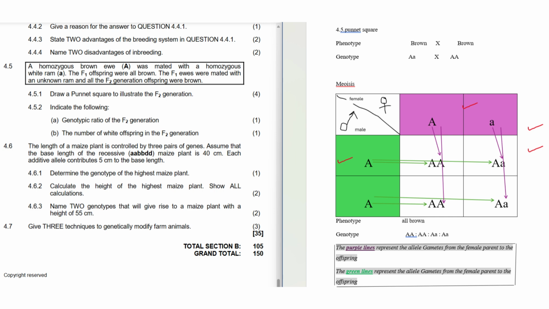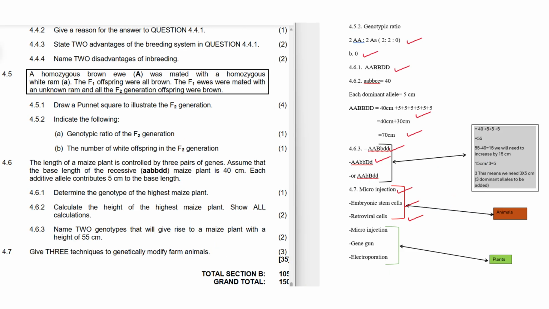Now they want the genotypic ratio of the F2 generation. Okay, so for the genotypic ratio we're just going to count. How many homozygous dominant do we have? Homozygous dominant, we're talking about those with capital letters, 2 of them.